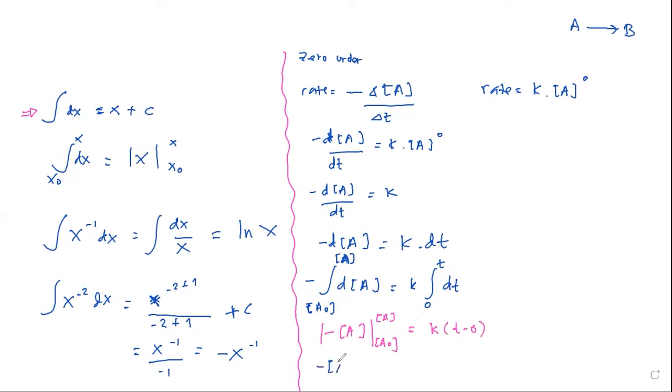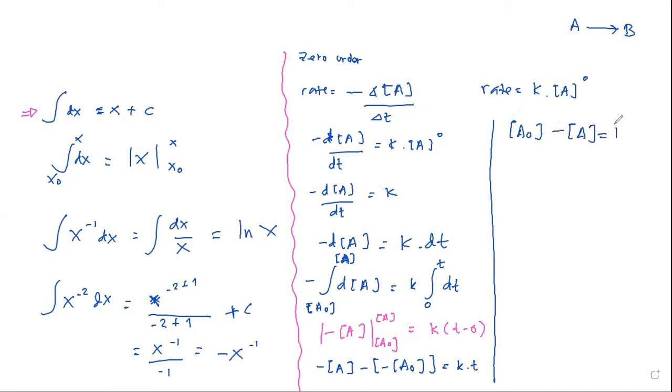So negative concentration of A minus negative concentration of A0 equals kt, or concentration of A0 minus concentration of A equals kt. So moving concentration A to the right side, concentration A equals concentration A0 minus kt.